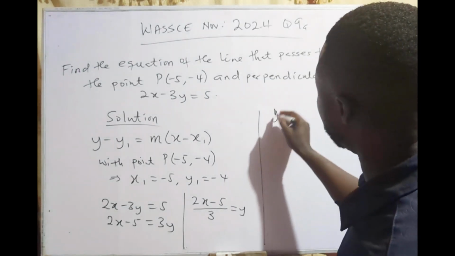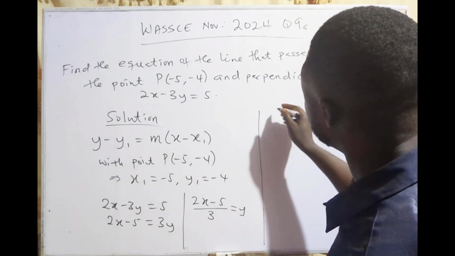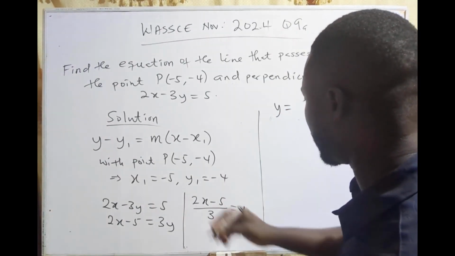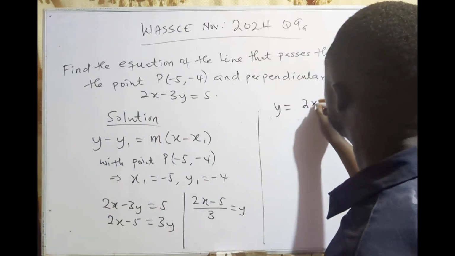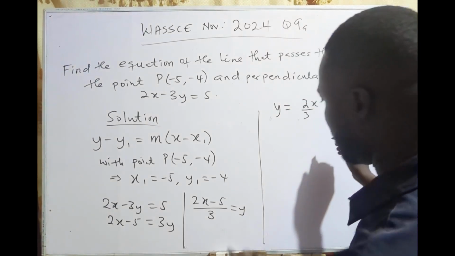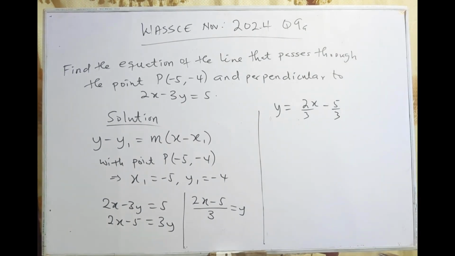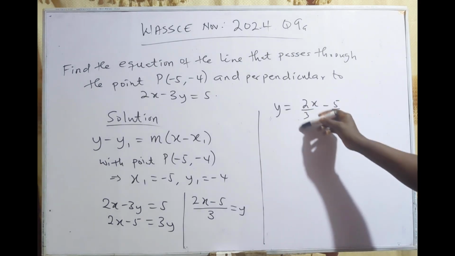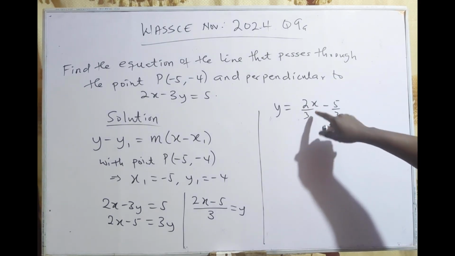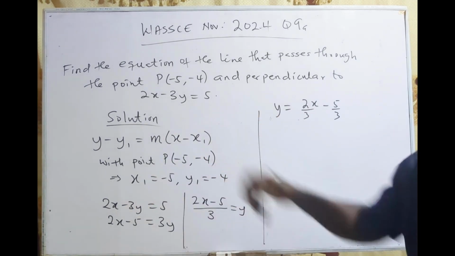So my y will be equal to 2x on 3 minus 5 on 3. What this is telling me is that the coefficient of x becomes the gradient of this particular line.